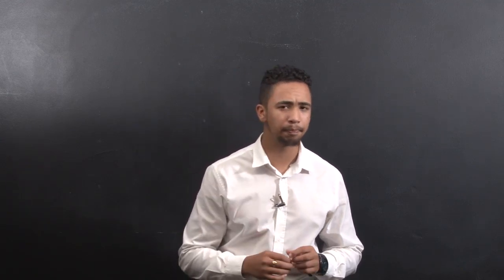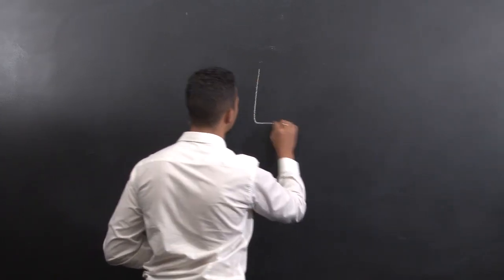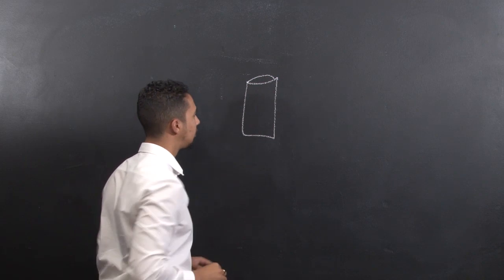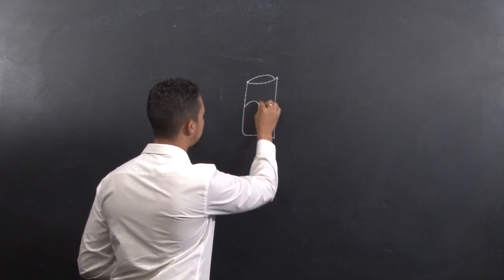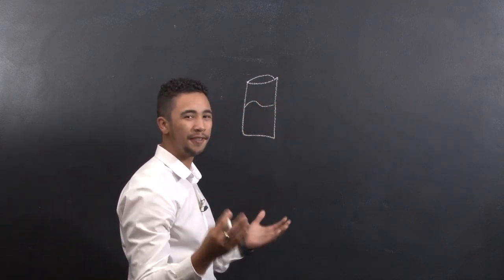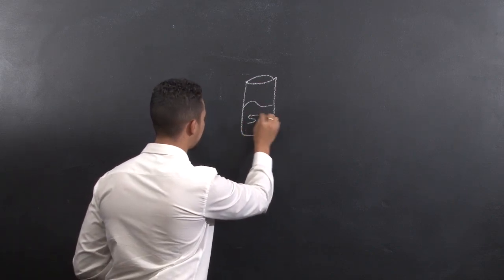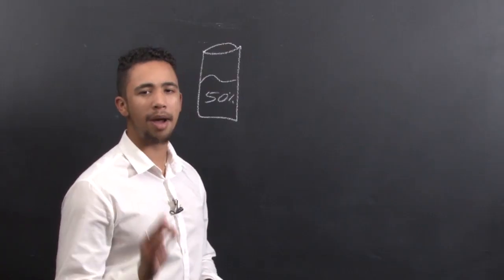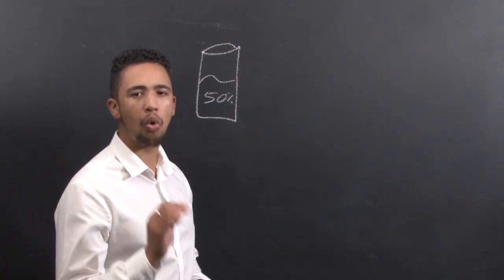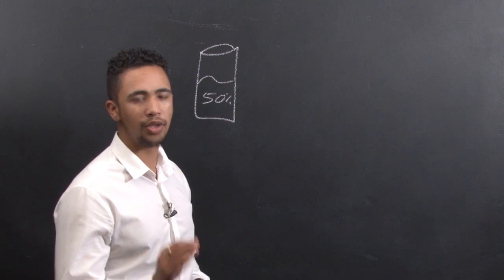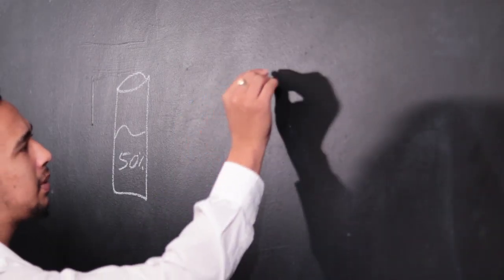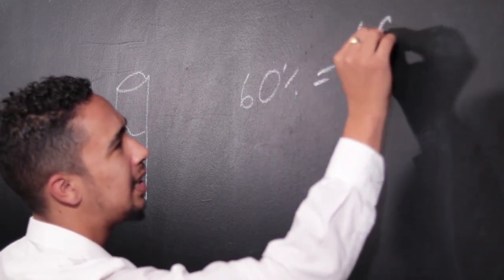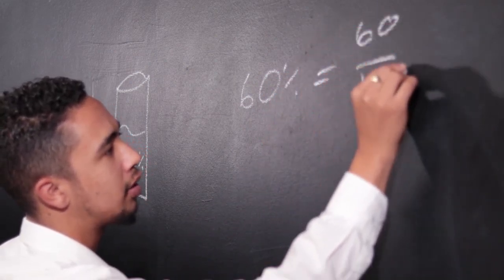Let's take an example. A glass. This glass is half full. Now we all know this is 50%. But why? Keep in mind, a percentage is always out of 100. So if I say 60% of something, that will equal 60 over 100.